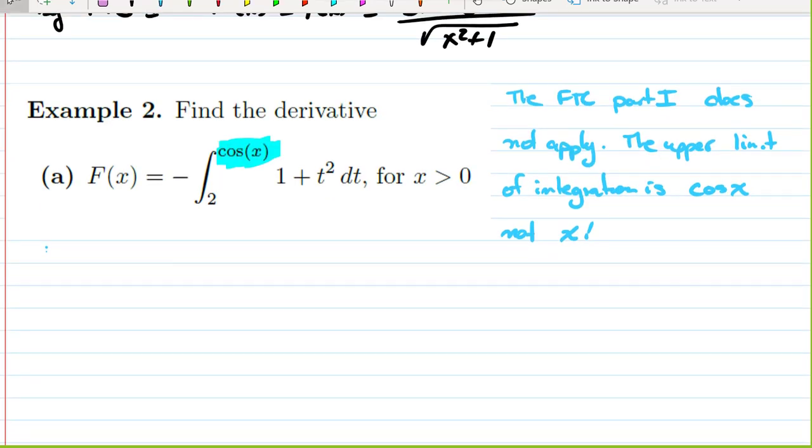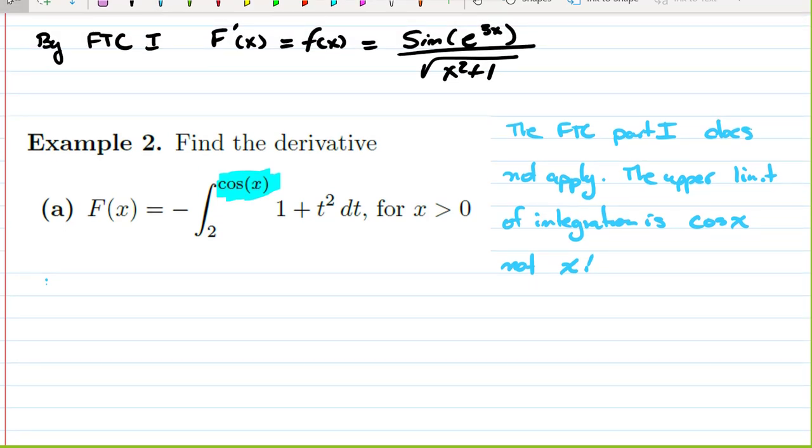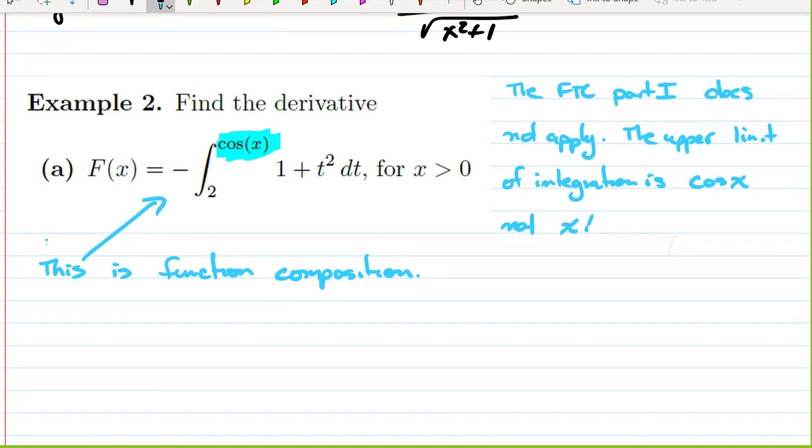So the first thing we need to note is this is function composition, which suggests we're going to need to use the chain rule.